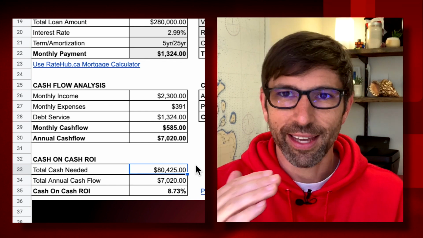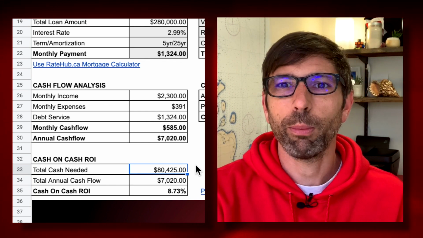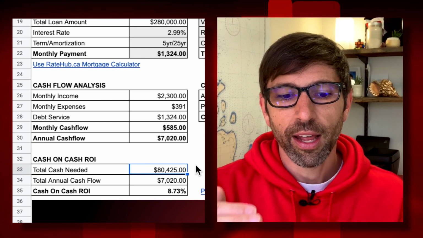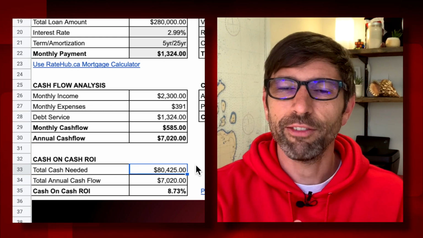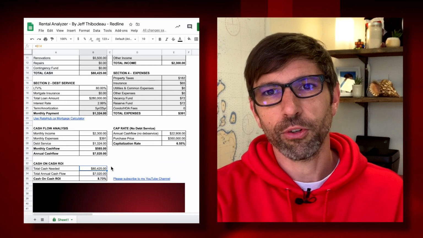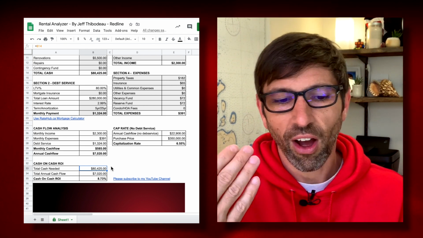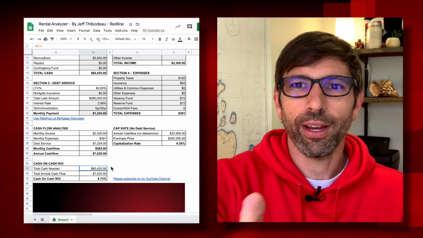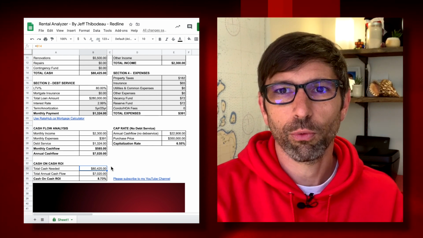Now, if we take the cash flow, the true cash flow generated, and we divide it by the real cash that we put out to make this investment, now we get a number, this one particularly at 8.37%, that we can compare against investing our money other ways, like in the stock market or somewhere else. And this way it can make us decide whether it's worth it to go after a real estate investment based on this type of cash on cash return.